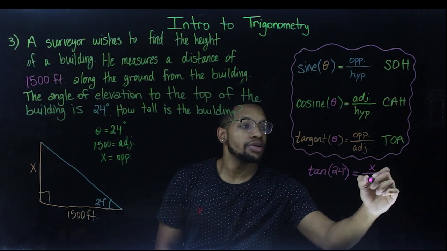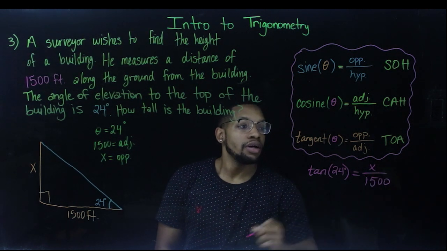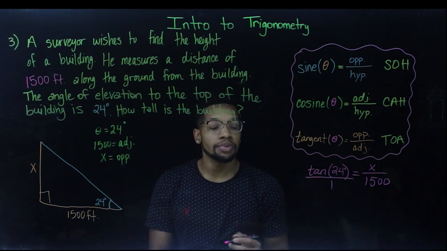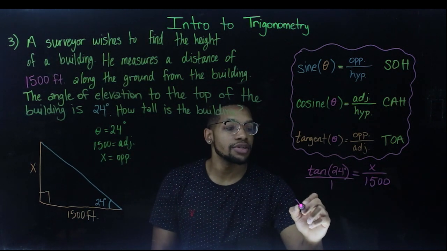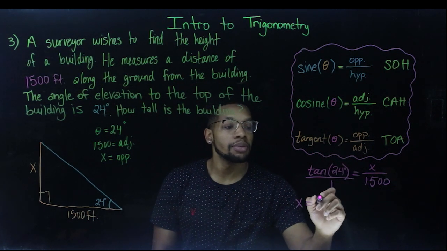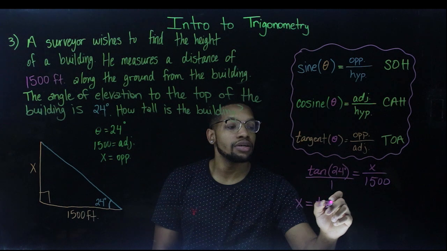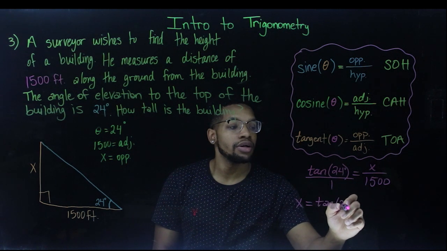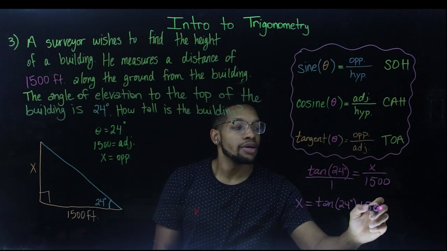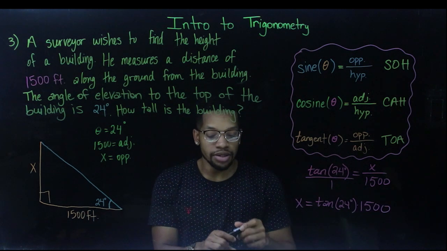Opposite over adjacent. And then same thing, put it over 1, cross multiply. 1 times X, of course, is X. And then not 1500 times 24, remember, it's the tangent of 24 degrees times 1500. So after we put that in the calculator, we'll be done.